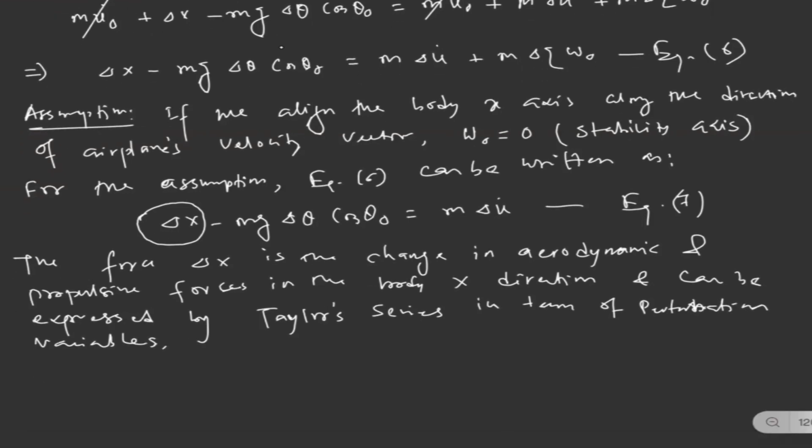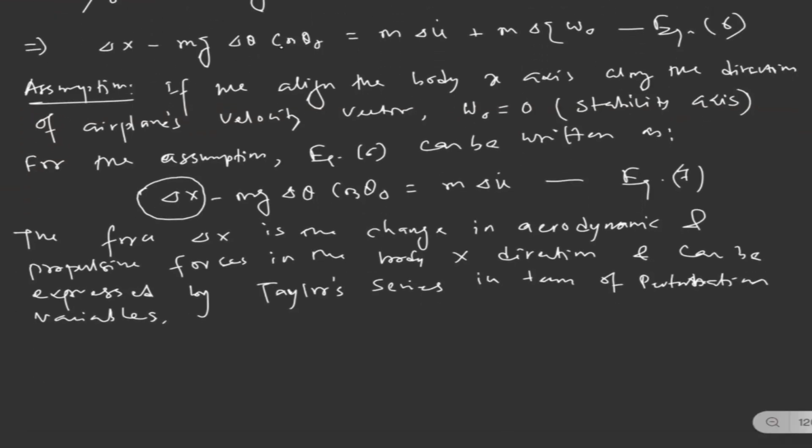So let us write. Del x will be a function of del u, the perturbation variable in velocity along the x-axis, del w, del q, del delta e, and del delta t.